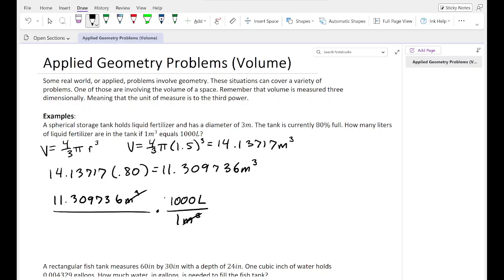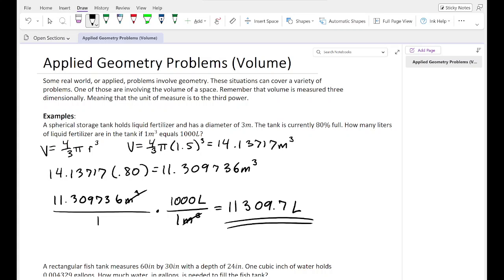So the cubic meters cancel out, and I should have put 1 there. There we go, 1. Cubic meters cancel out, multiply it by 1,000, and we're going to end up with 11,309.7 liters. So I rounded to 1 decimal for this. Again, round to whatever they ask of you.